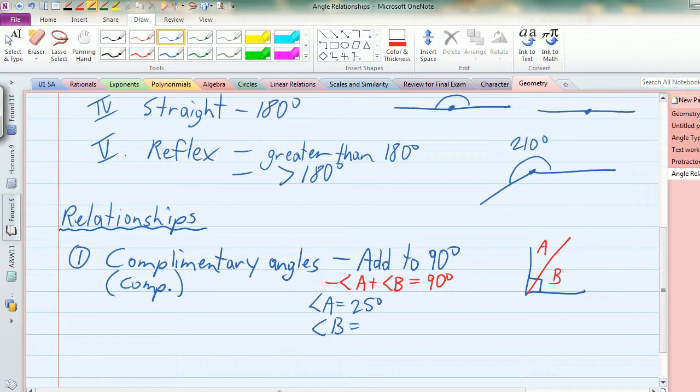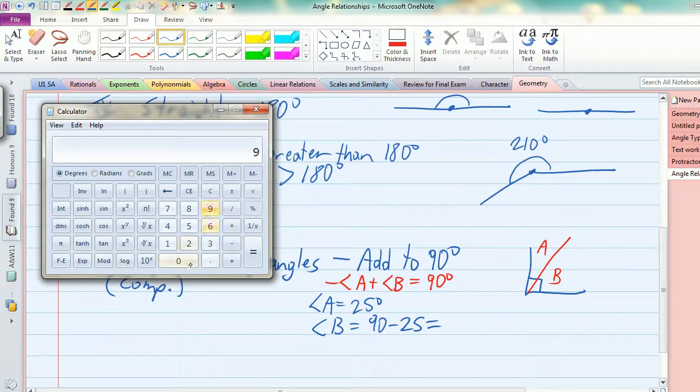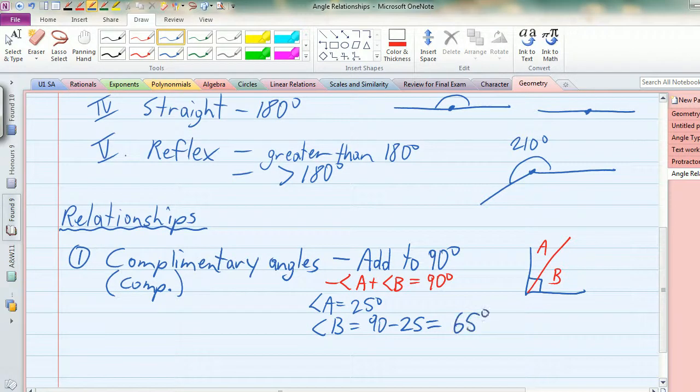Yeah, we could subtract. You go 90 minus 25 equals 65. So always try and come up with it in your head first. 65 degrees. Use your calculator to check.